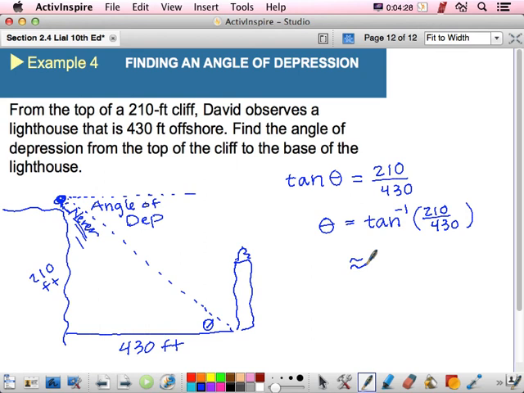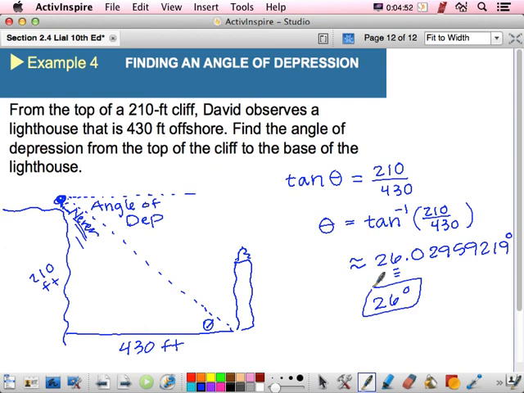So it's 26.02959219 degrees. I have two significant digits only, so I round that to 26. That's the angle of depression and the angle of elevation.